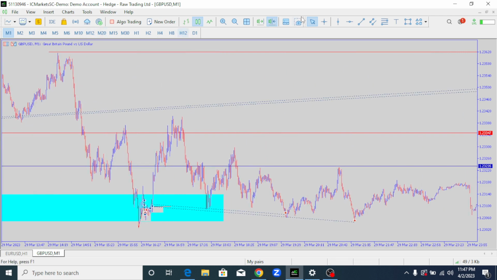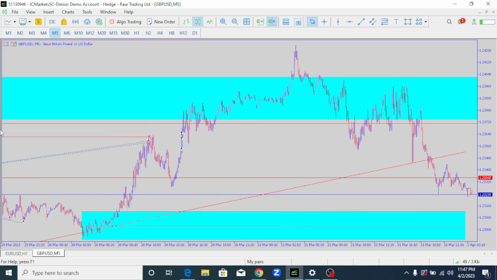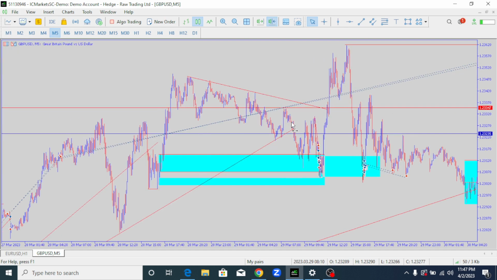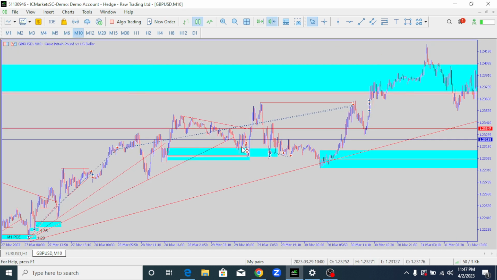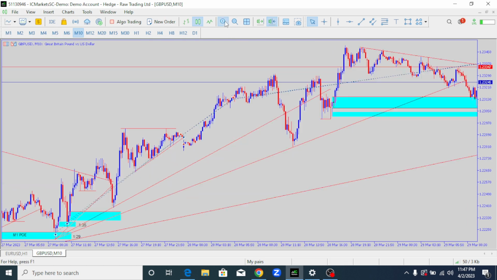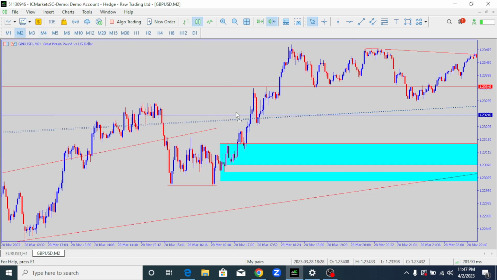And these, after the price created a new higher high, I expected around this area to look for an entry.